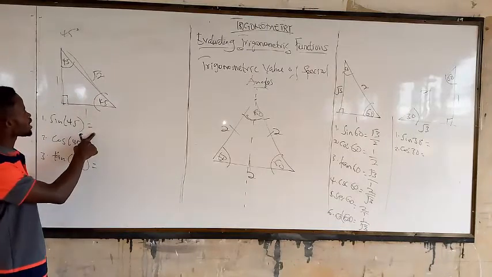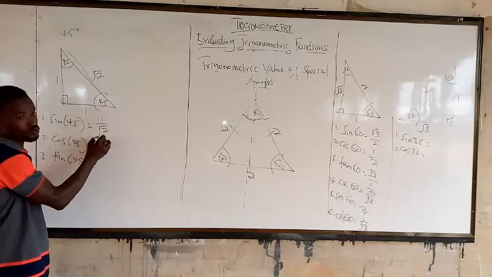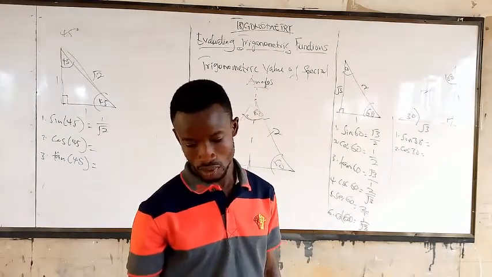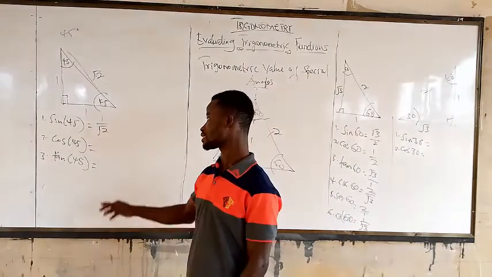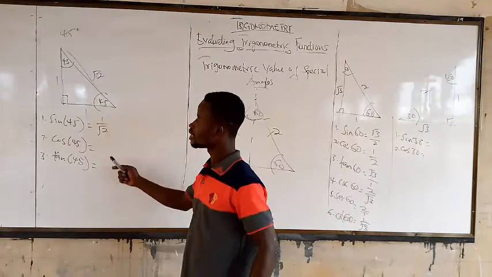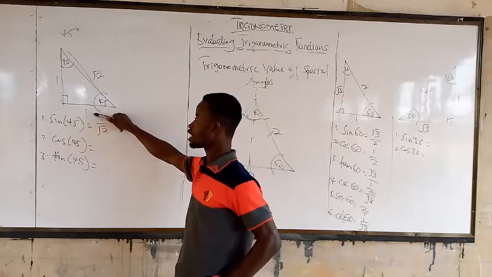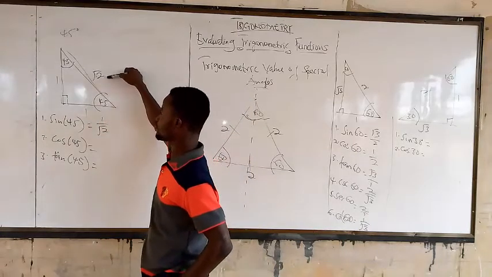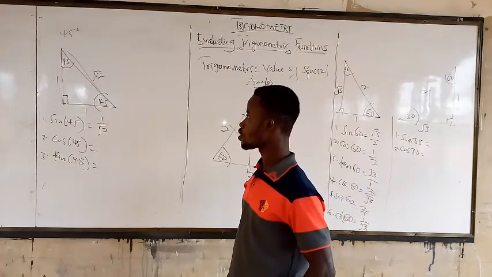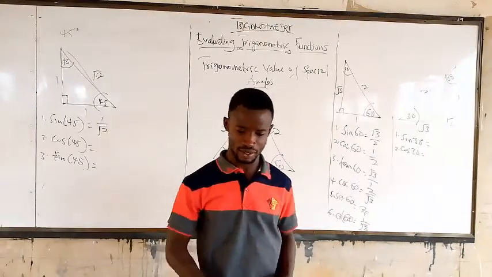So here we get opposite over the hypotenuse, so 1 over square root of 2 and the likes. Continue. Okay, here we get for tan, that is 1 over 1. For cos, that will be adjacent over the hypotenuse, so 1 over square root of 2. Alright, so continue with the rest.